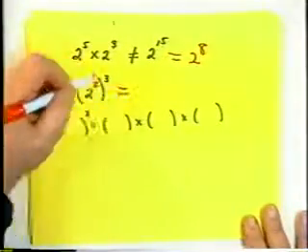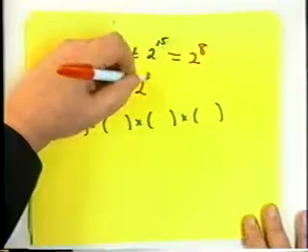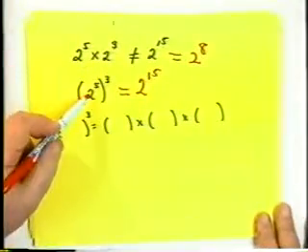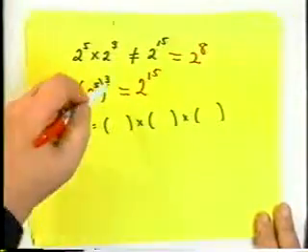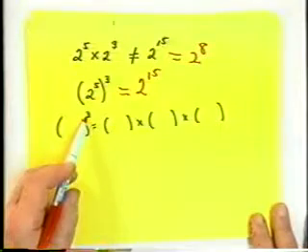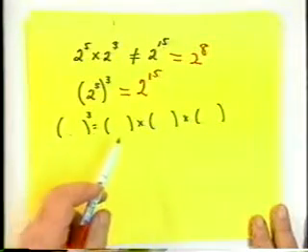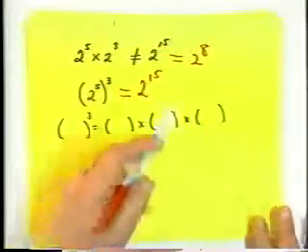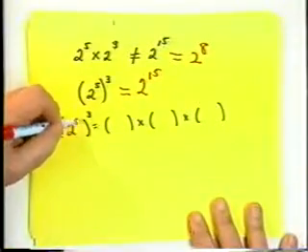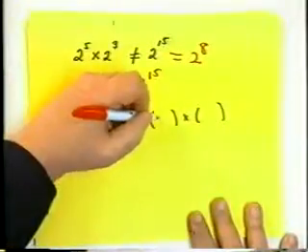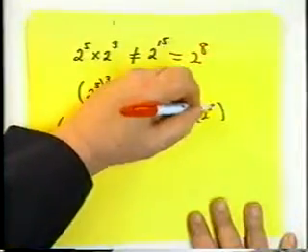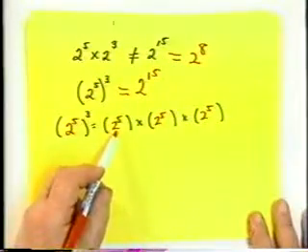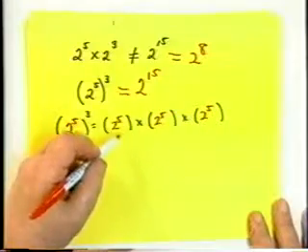However, there is a problem to which 2 to the 15th would be the right answer. Suppose I took 2 to the 5th and raised that to the 3rd power. See, anything raised to the 3rd power means the thing times itself times itself. So if I put 2 to the 5th in here, 2 to the 5th in here, 2 to the 5th in here, how many factors of 2 do I have in each set of parentheses?